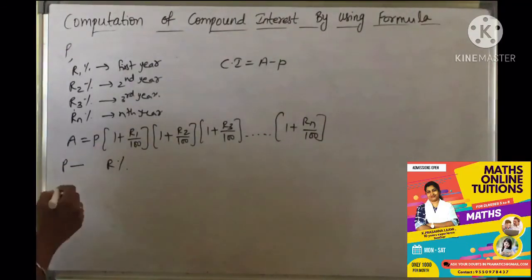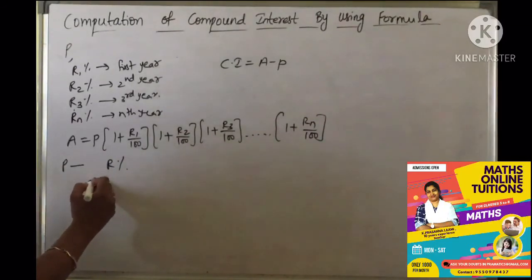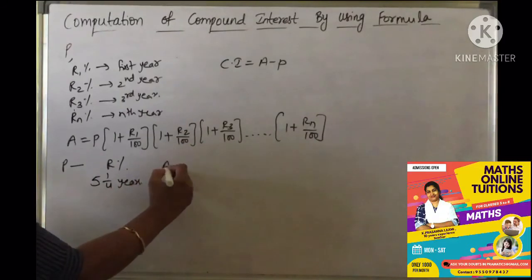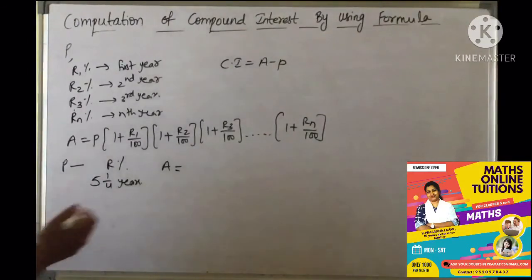If the interest is compounded annually but the time is a fraction of a year, suppose 5 and 1 by 4 years, then how to write the amount? Here the time period is given as a fraction, children. So how to find it here? 5 is the whole part and 1 by 4 is the fraction part.